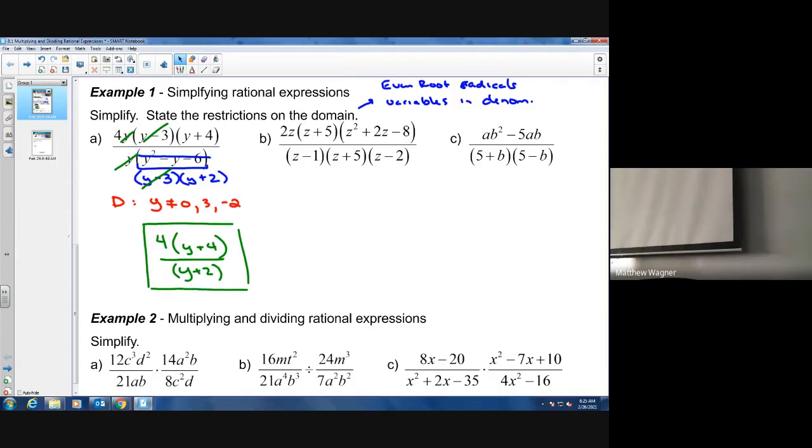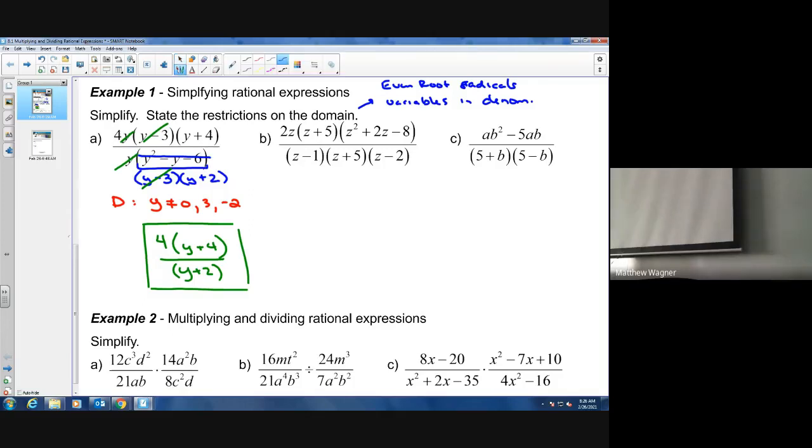If you use the final expression to evaluate any restrictions on your domain, you would only have -2. Y can't be -2, and you miss those other two restrictions. So really important: after you factor your expression, figure out that domain before you simplify, just so you don't miss anything.